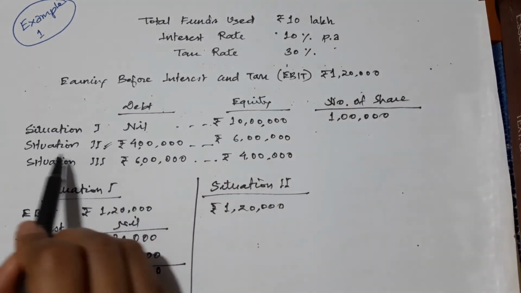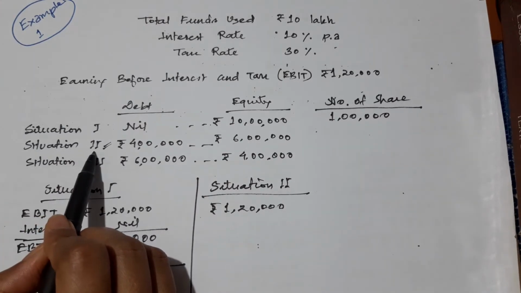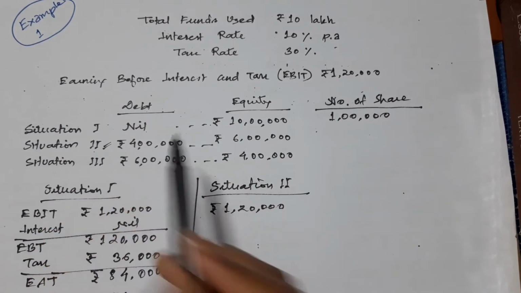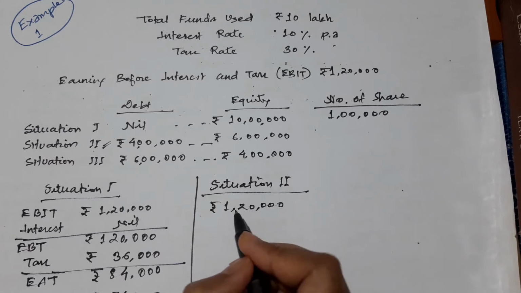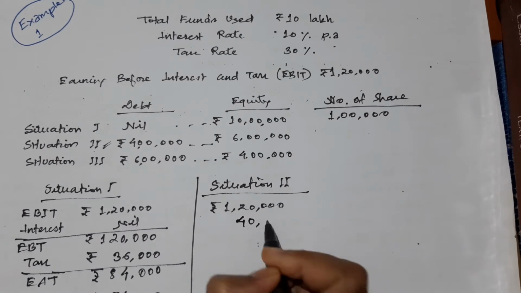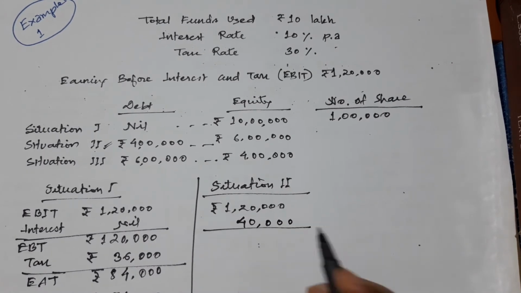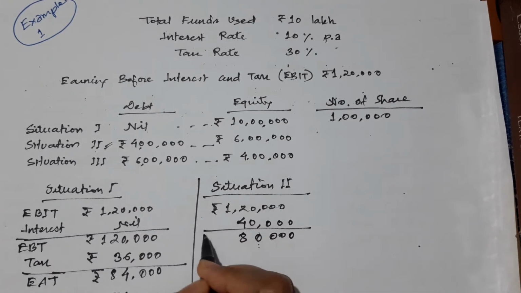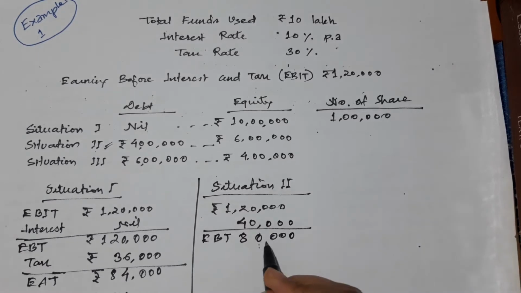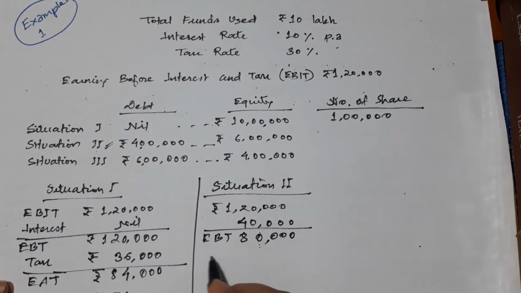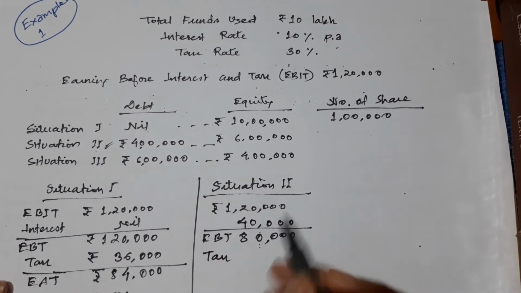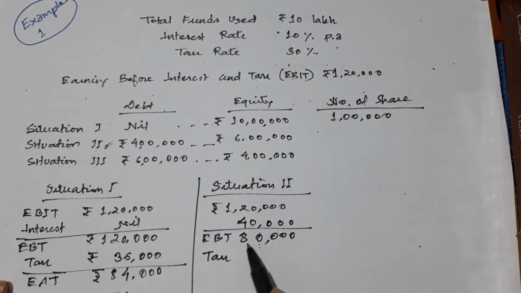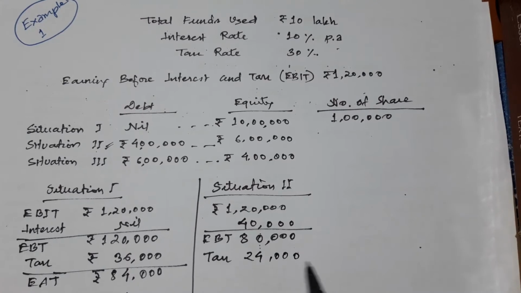On the debt amount. So in situation 2, the debt amount is 4 lakh. So 10% on 4 lakhs is 40,000. So earning before tax is 80,000. Tax at 30% on this amount, 80,000, is 24,000.